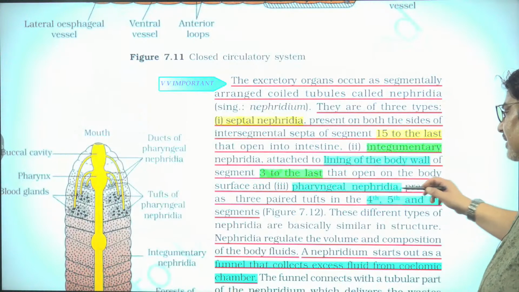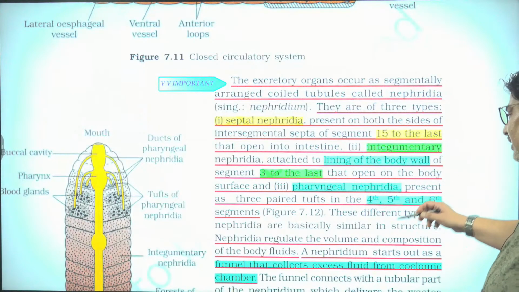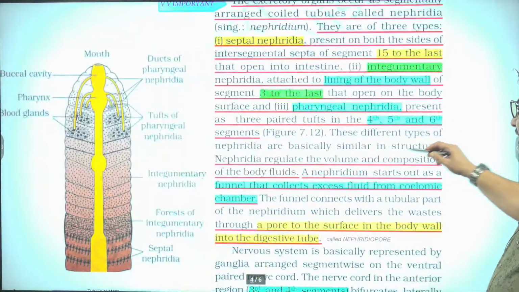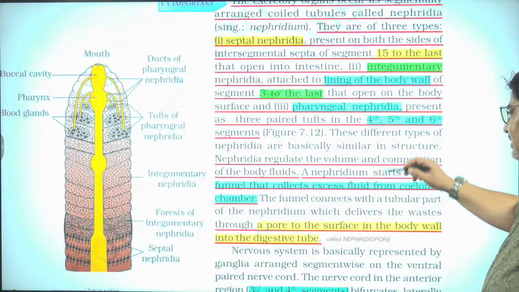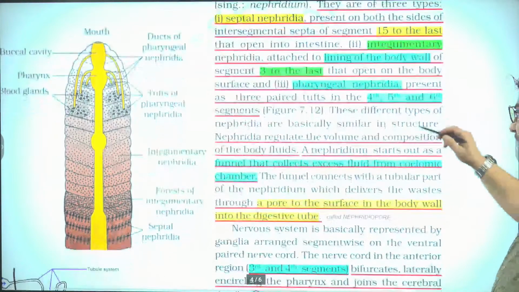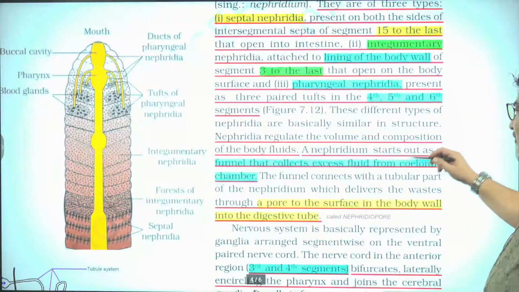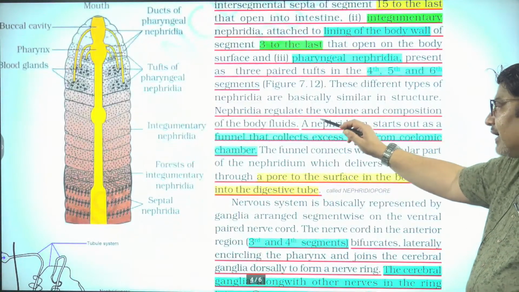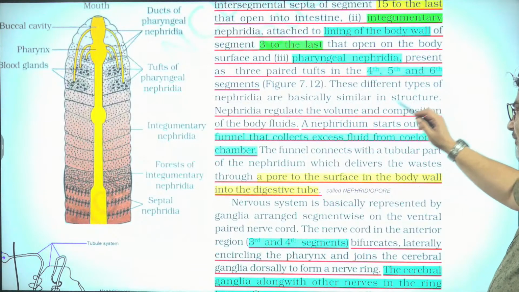Pharyngeal nephridia are present as three pairs in the fourth, fifth, and sixth segments. These different types of nephridia are basically similar in structure. Nephridia regulate the volume and composition of the body fluids.